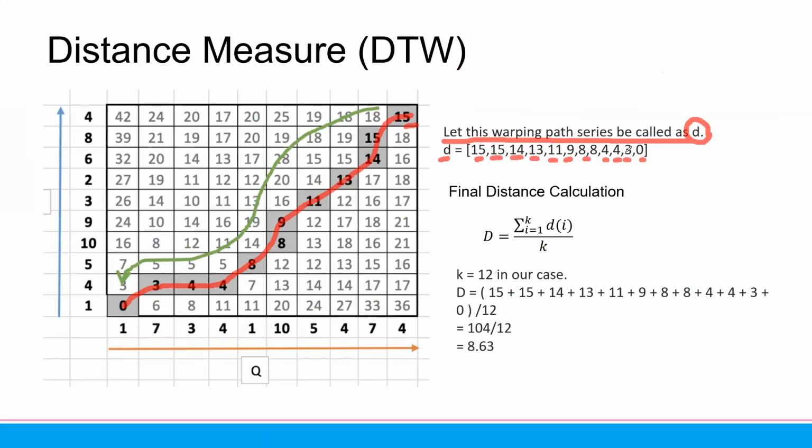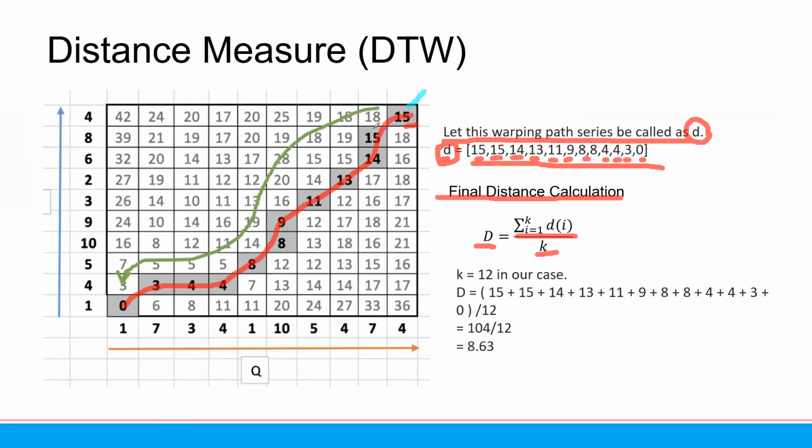In order to get the distance, we need to calculate the final distance. So this is the final distance calculation. The big D equals the sigma of d_i, this is the small d for all values, and then we divide by k. What is k? K means the number of the data that we have in this warping path.